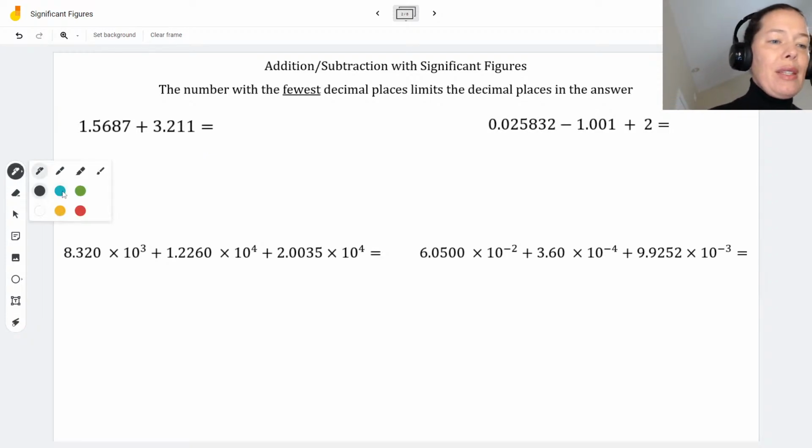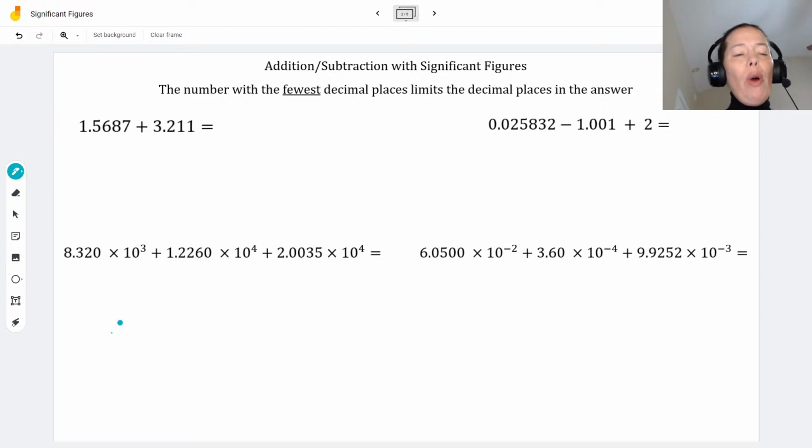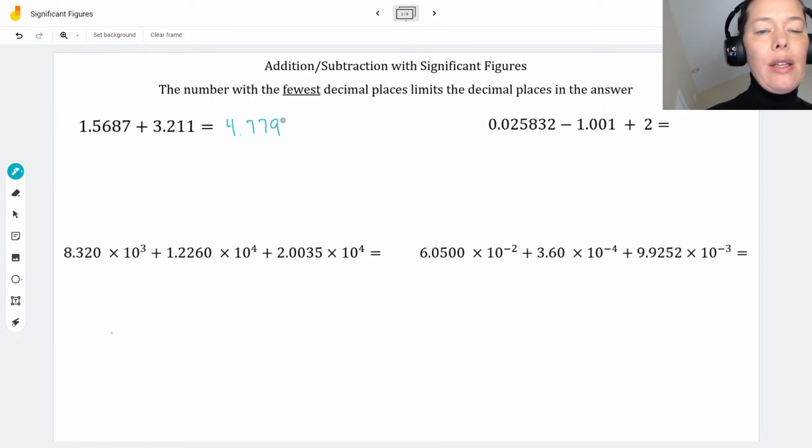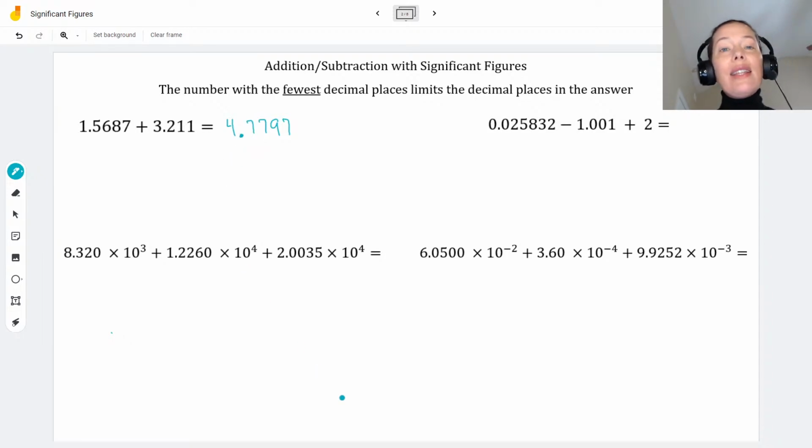So we're just going to start with a really, really easy question here. Let me switch over. So if I put these two numbers into my calculator and I add them, I get this answer. But does that have the correct number of sig figs?